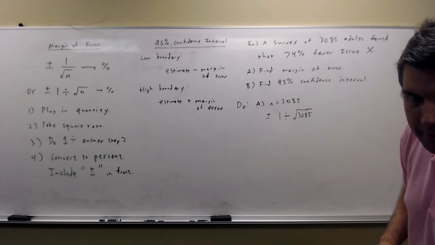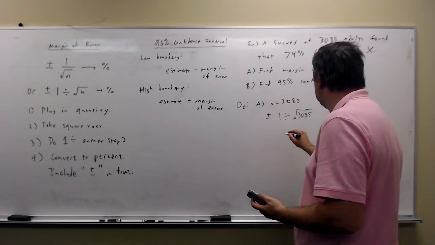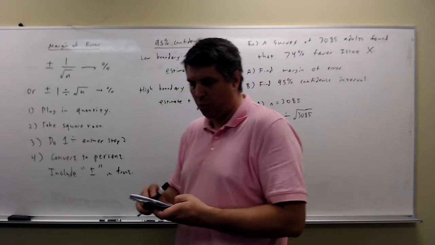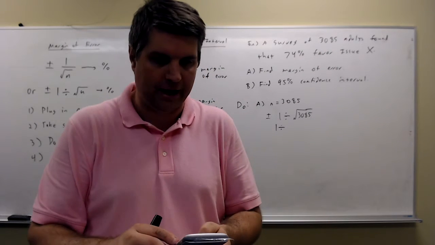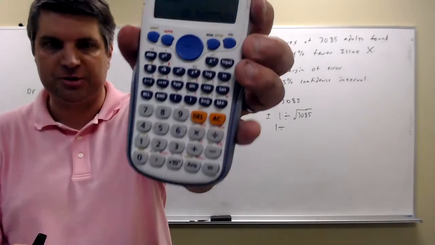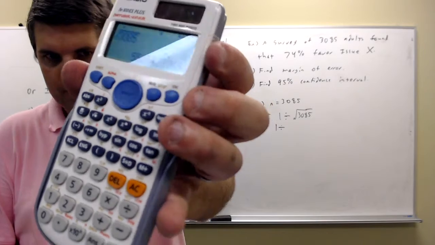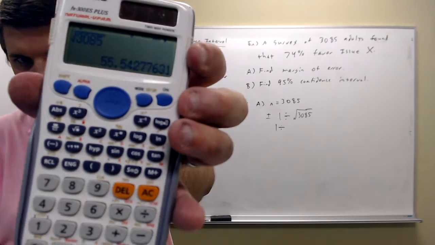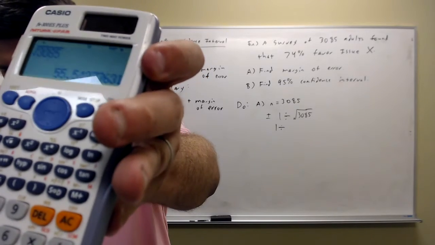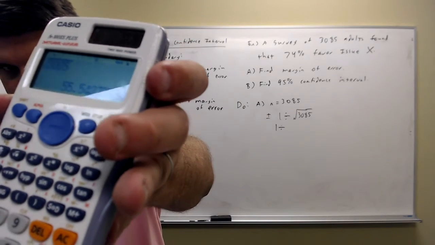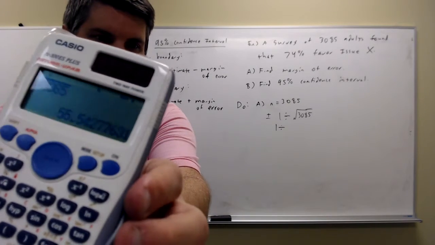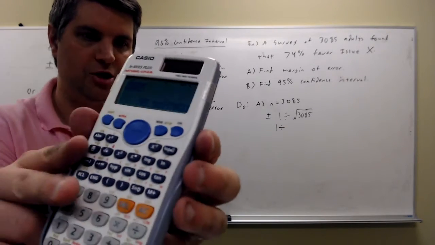Okay? So I'm going to take my calculator, the square root of 3,085. My calculator spit out this decimal right here, which I'm trying to tilt into the light in a way that you can actually see, although your calculator should be showing you the same thing.